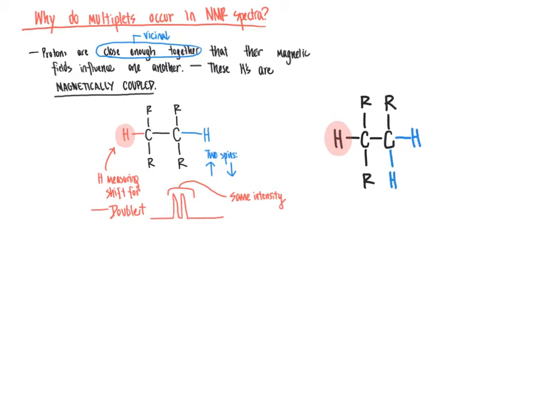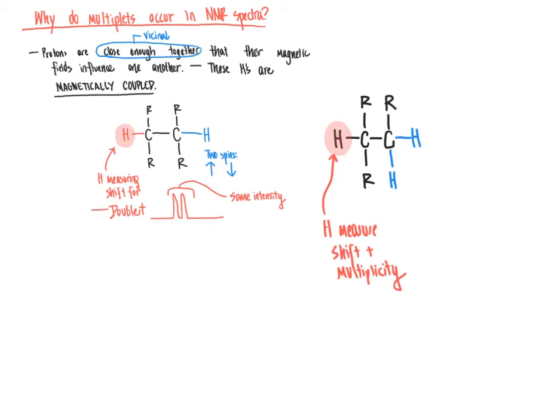And so we have our proton in red, the one we are measuring the NMR chemical shift of, and we want to think about what its multiplicity would be. Its overall chemical shift is going to be determined by the environment that it's in.